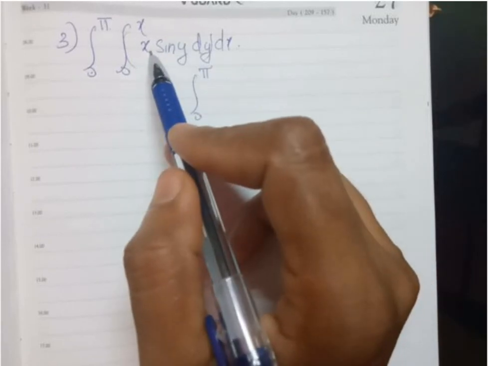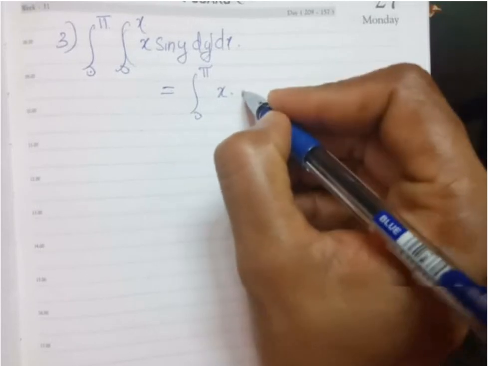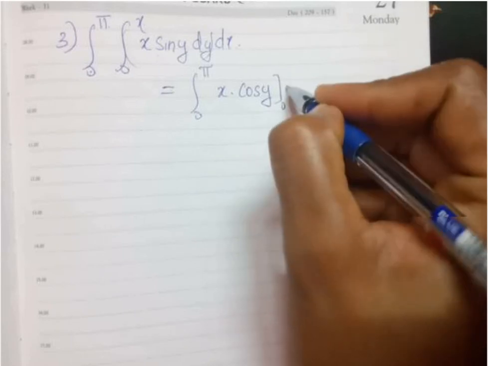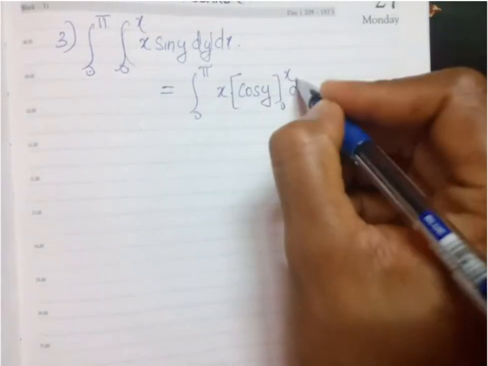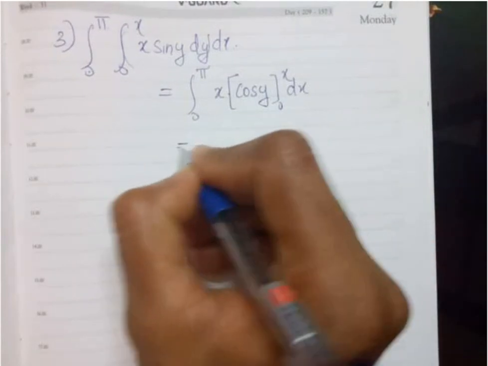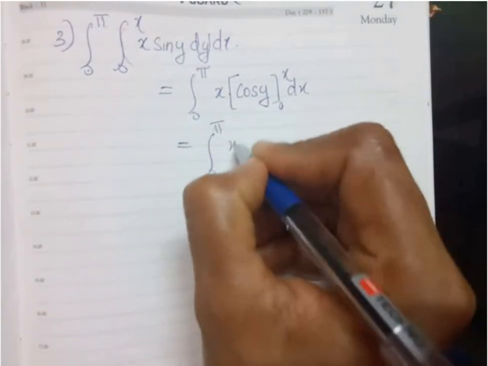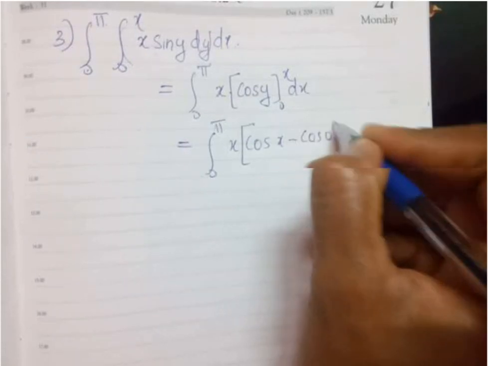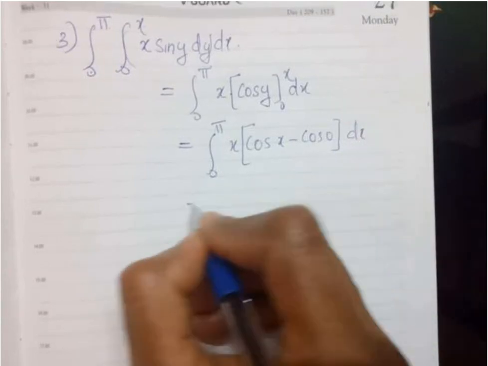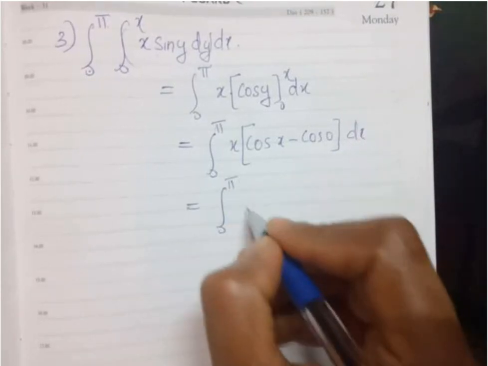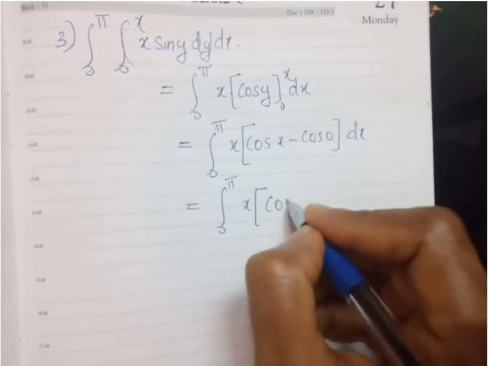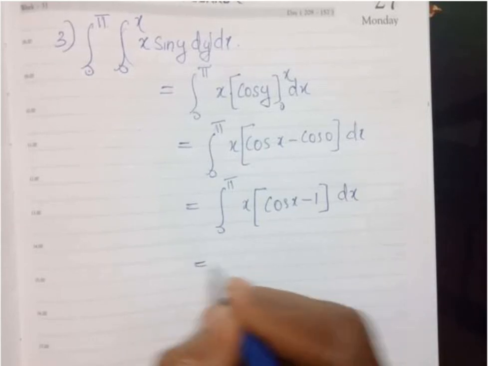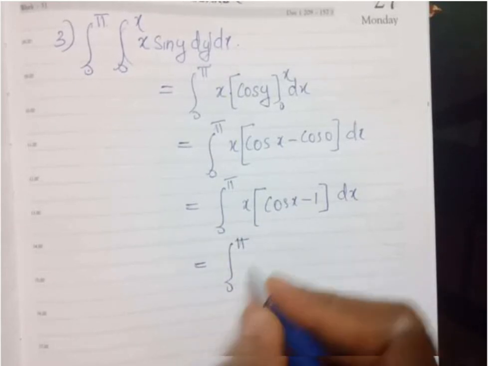So x into the integral of sin y is minus cos y, with the value from 0 to x, into dx, which is equal to the integral from 0 to pi of x into 1 minus cos x... that is, x into cos 0 minus cos x, into dx, which is the same as the integral from 0 to pi of x minus x cos x, into dx.